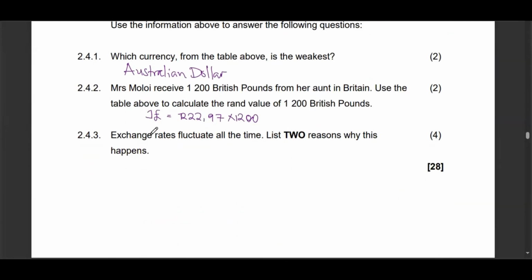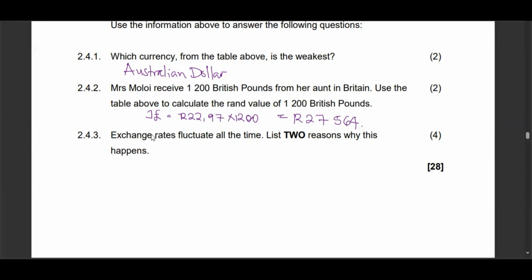So here we shall end up having an answer, all right, we have the answer as 27,564 rands.